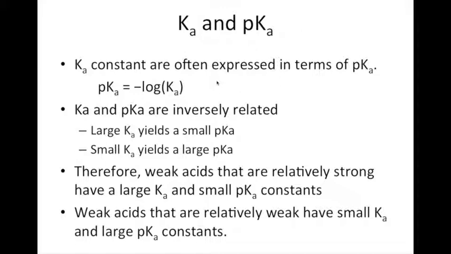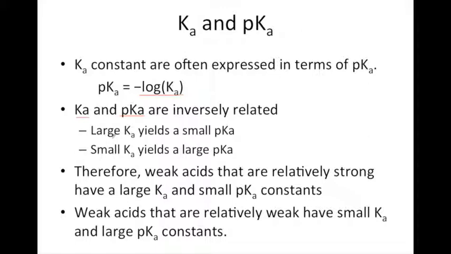The Ka constant is sometimes expressed as a pKa. Much like the hydronium ion concentration can be expressed as pH, and the hydroxide concentration as pOH, the Ka value can be expressed as pKa, and a pKa is the negative log of our Ka value. Just like pH and hydronium are inversely related, the Ka value and pKa value for an acid are also inversely related.